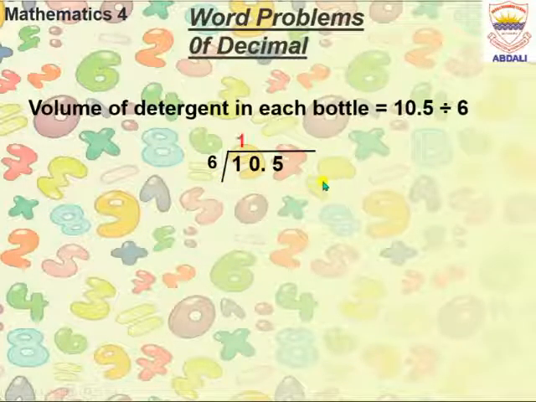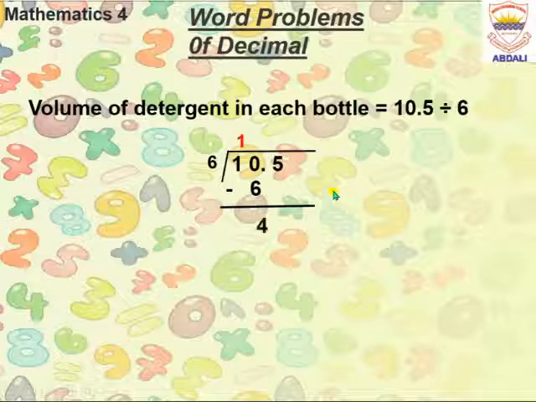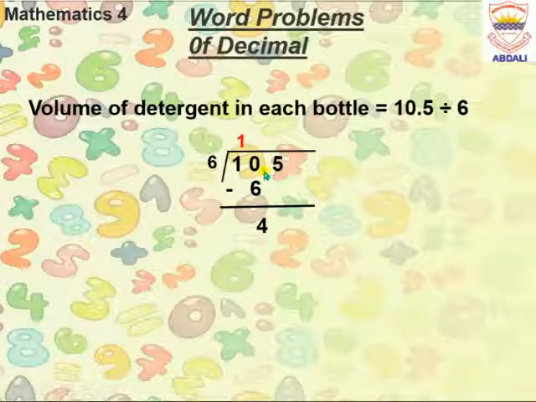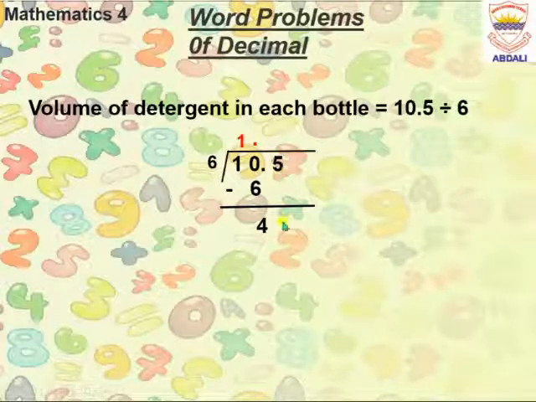So 6 ones are 6. 10 minus 6 will give us 4. As I told you, before solving the digit after the decimal, we have to put the decimal here. Now we can solve 5.